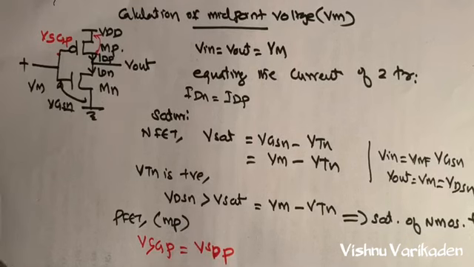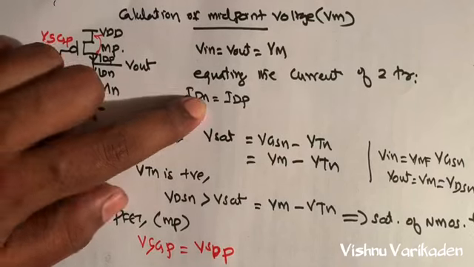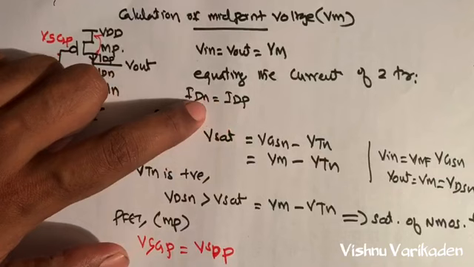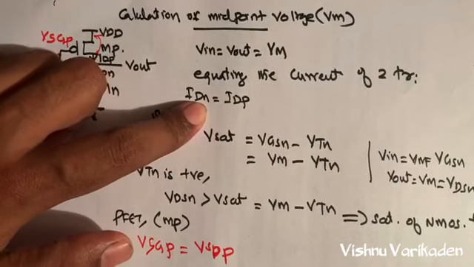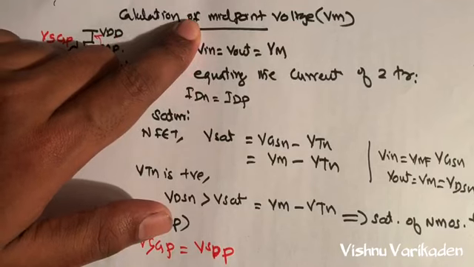Next, we equate the current of the NMOS and the PMOS and calculate the value based on beta, and we can find the midpoint voltage.